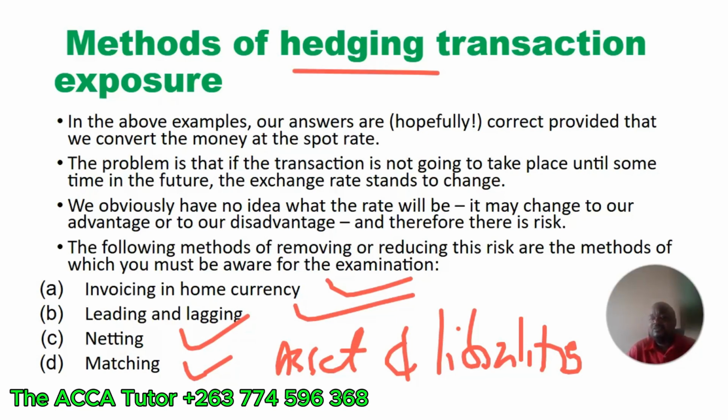So it's an aspect of like and like. If your foreign assets are longer term assets, it's better as well to also fund them with long term liabilities in that particular environment. So you just have to match.